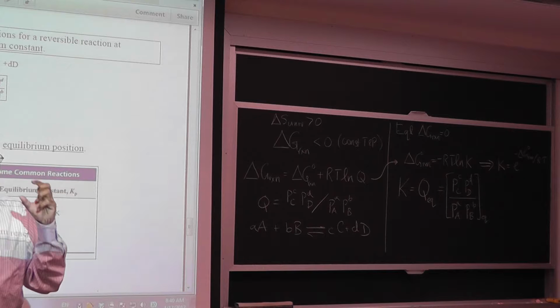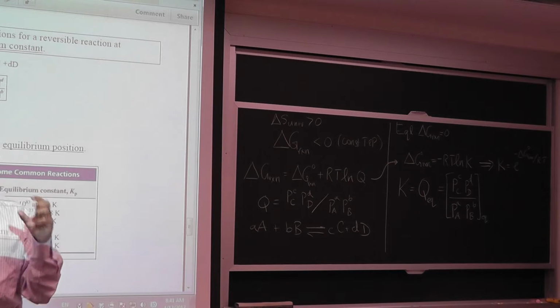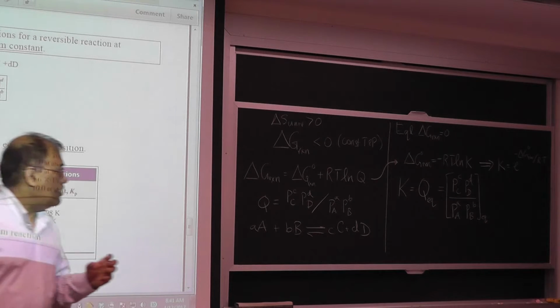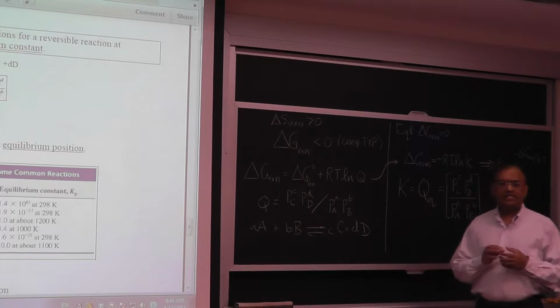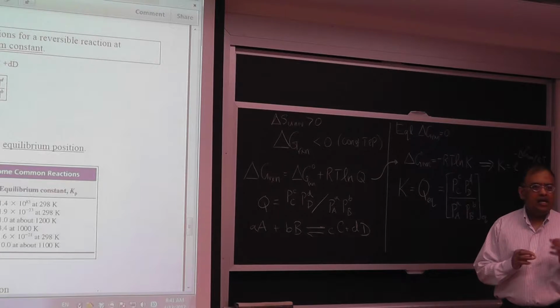Delta G naught reaction is a constant for a given reaction at a given temperature. Very, very important. And therefore, the equilibrium constant K is a constant for a given reaction at a given temperature. A very, very powerful observation.